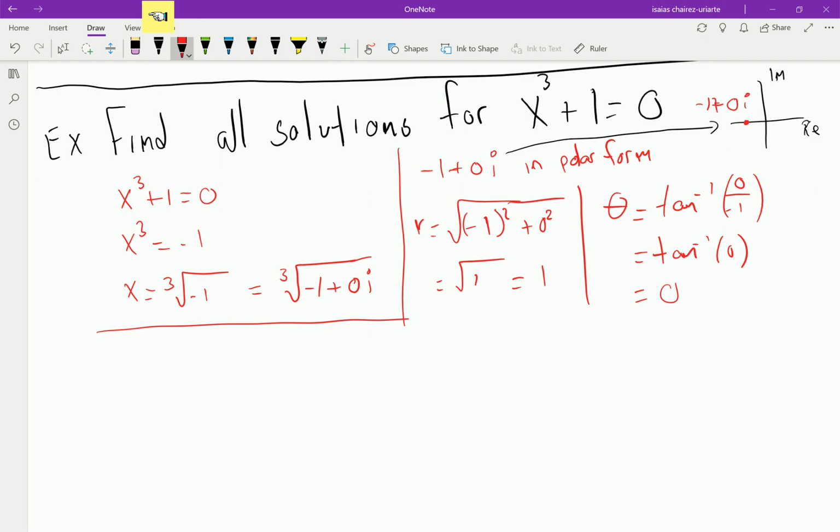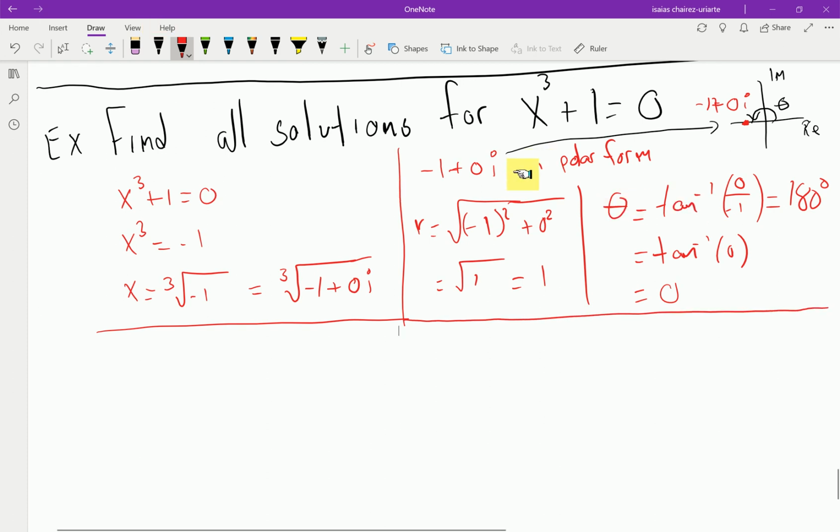What's this angle? That's theta, and my angle should be 180 degrees. So be careful. Don't rely solely on your calculator to find the angle theta. Sometimes you have to envision the complex number in the complex plane, and that might help you figure out the angle. Sometimes tangent inverse gives you directly what you want, but other times you have to think about it.